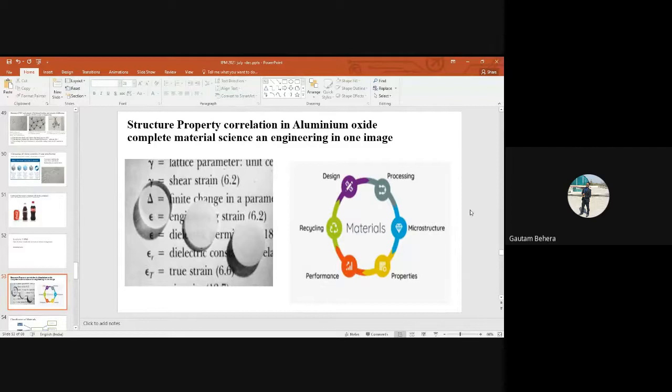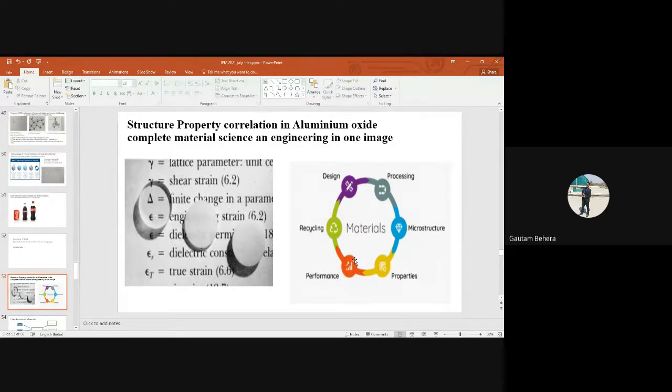Fine. The material is the same. And this is a very beautiful image showing complete material science. You can see the first part is always designing. We always design a material. Then we do processing. Then we get some microstructure, and then there is property.